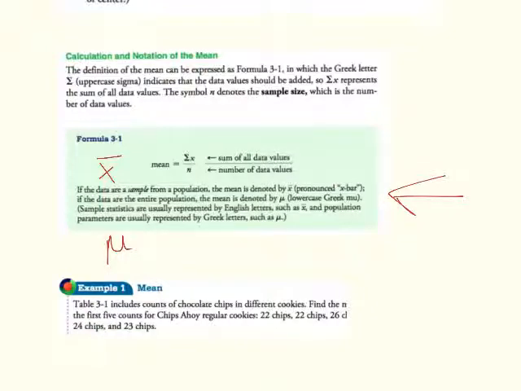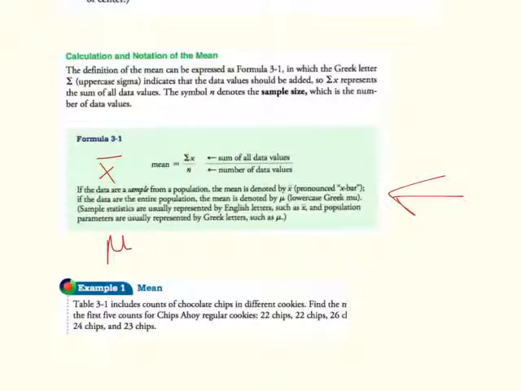The mean of a sample is equal to the sum of all the data values divided by the number of data values. n right here is your sample size. So if we drew 10 data values from a population and took the mean of those values, then our n value would be 10 down here at the bottom.